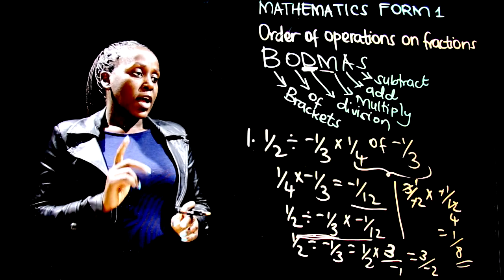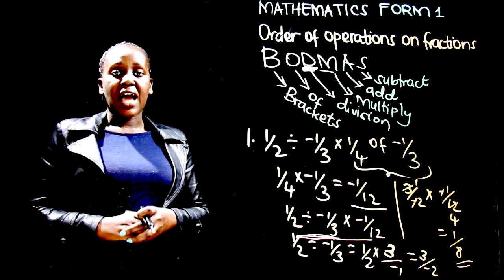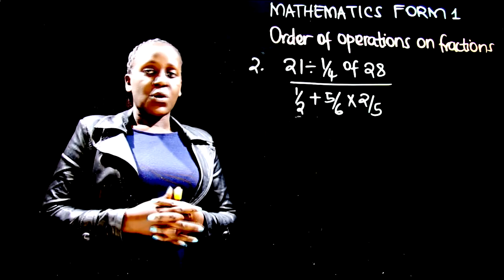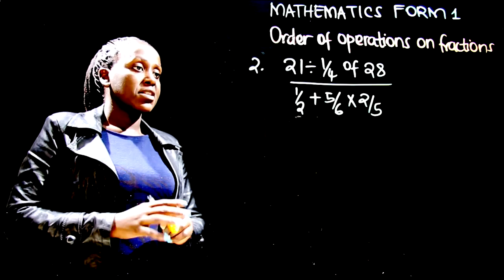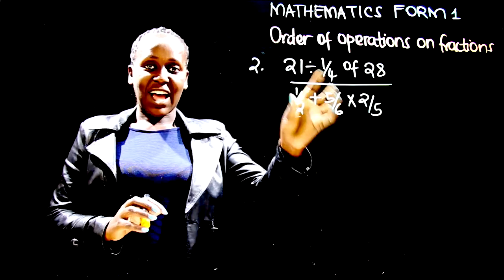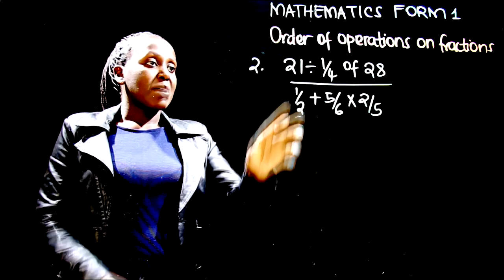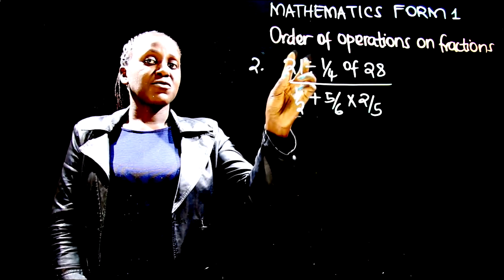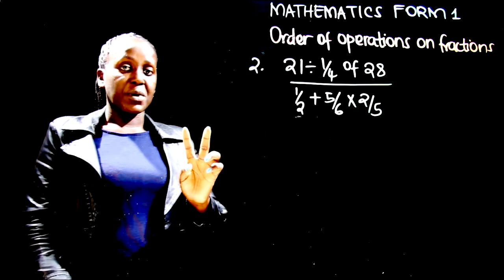Let us do one more example that has a little bit of a difference and see how we tackle it. In this example, you can see we have two segments. We have a big fraction that has a numerator and then a denominator. In the numerator, we have two different operations, and in the denominator, we have two different operations.